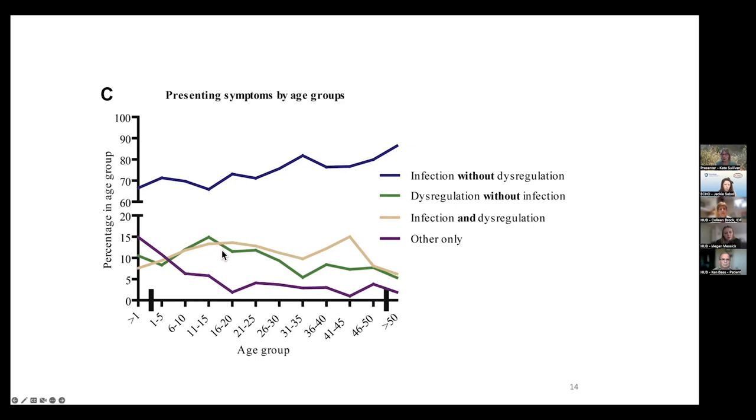And I want you to pay attention to the green line and the tan line. This is immune dysregulation either with or without infection. Notice that it's not as many people as infection only, but it's a significant sector of the pie. And across all ages, it's about 20%. So while it's a smaller group than infection, we can't ignore them.